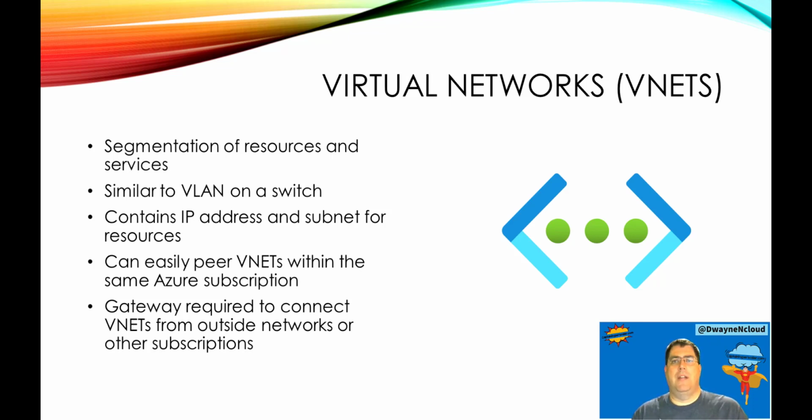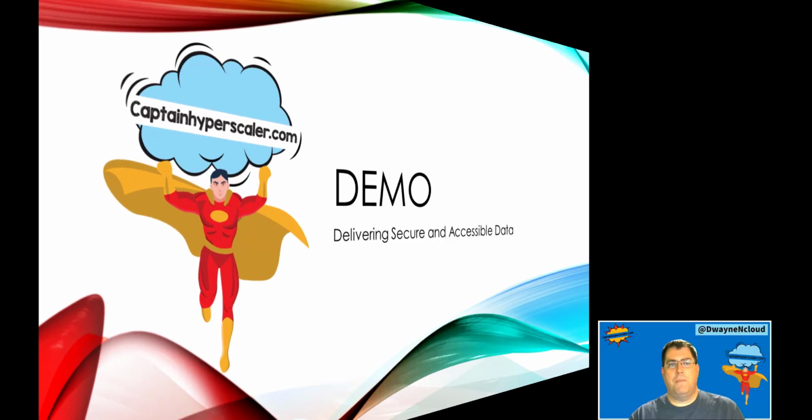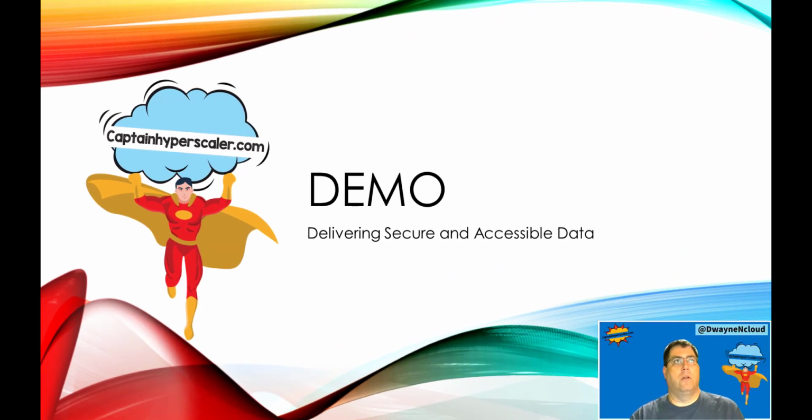But creating a VNet, peering VNets, and trying different architectures with VNets has no cost, which is really helpful when you're learning and trying to devise how you're going to architect your environment.